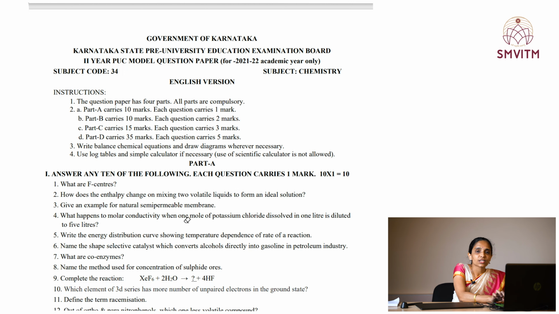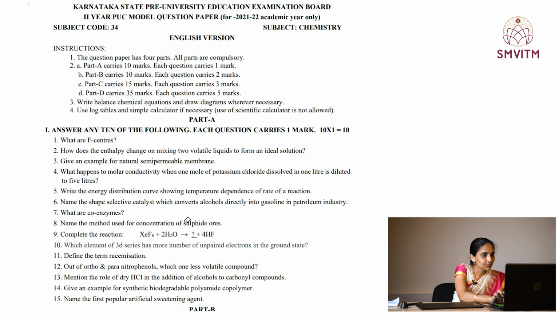The question paper, as all of you are aware, has got 4 parts. Part A in the question paper has only 1 mark questions. There are totally 15 questions, out of which you need to answer any 10. 1 mark questions can appear from any part of your chemistry syllabus, inorganic, organic or physical.